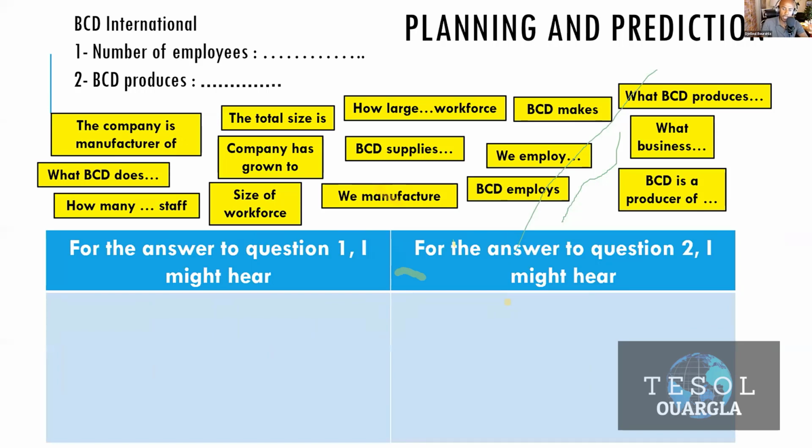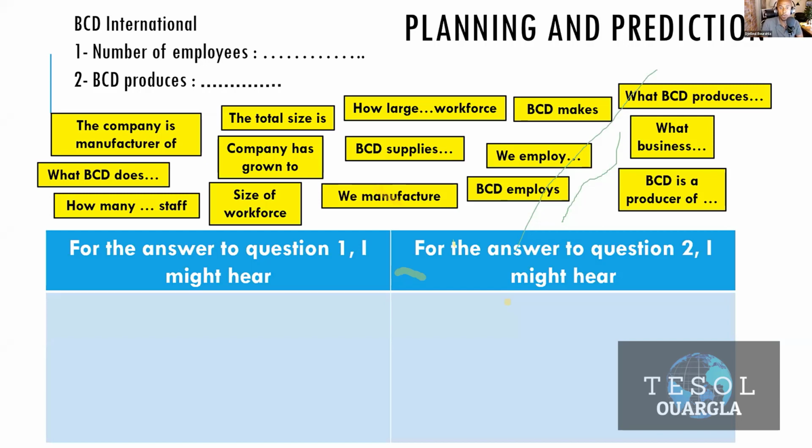So you want them to listen to this particular passage in which they have to get number 1, the number of employees, and then number 2, what BCD produces, that is, what this company BCD produces. So here you are looking for a number, and here you are looking for something like what it does.